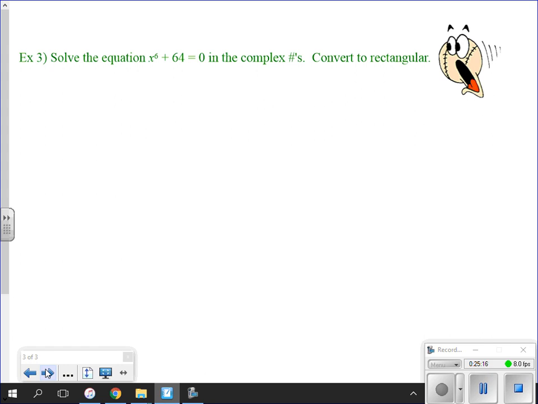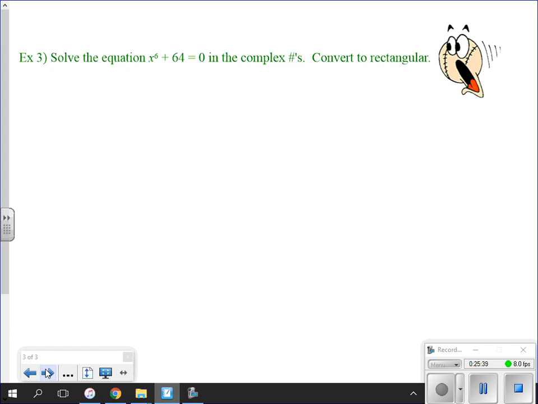So x to the 6th is 0 or larger. If I had x to the 6th plus 64, I'm never going to get 0. X to the 6th needs to be equal to negative 64 to solve this. I cannot solve this in the realm of real numbers. There are no real solutions.